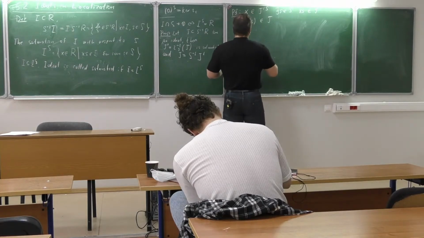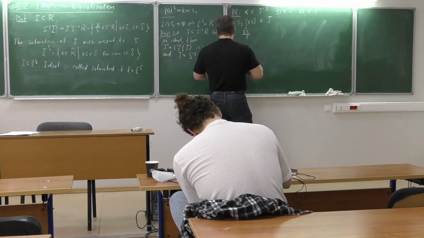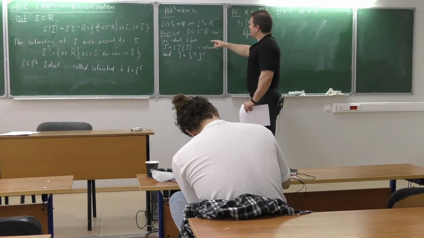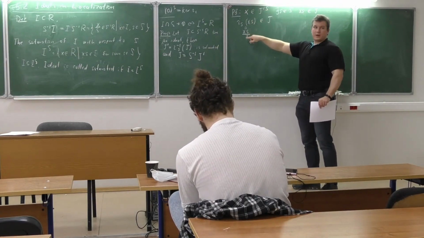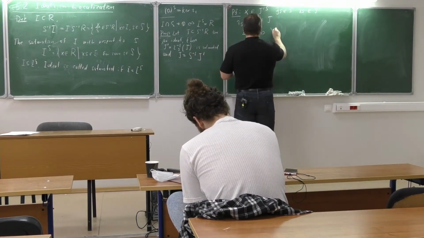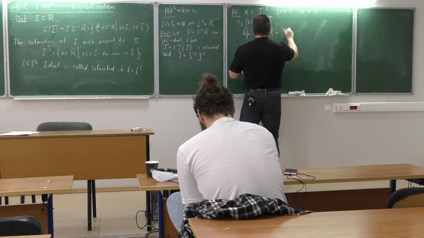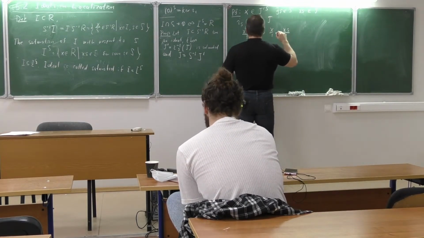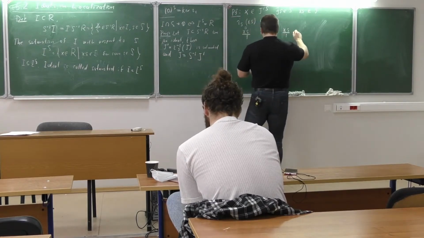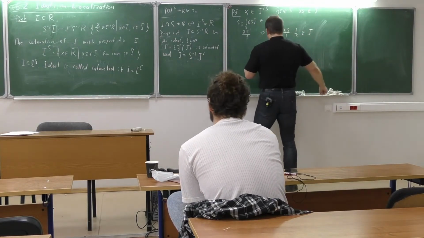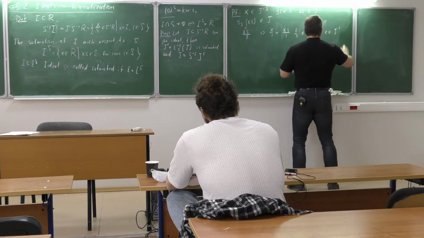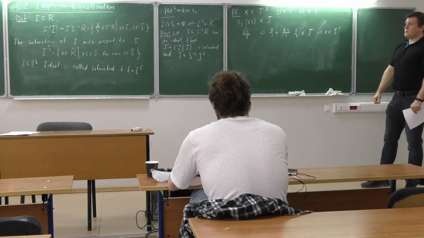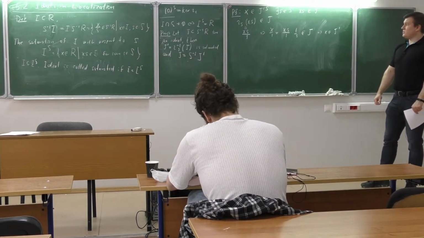So if I know that xs over 1 is in the ideal J, well, in the localization I can multiply this element by 1 over s. So x over 1, which is the product of xs over 1, an element in J, times the element 1 over s, is in J. But from this I can conclude that actually x is in J prime. So the ideal is saturated. So we proved the first part, right?